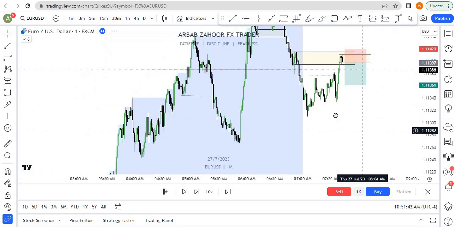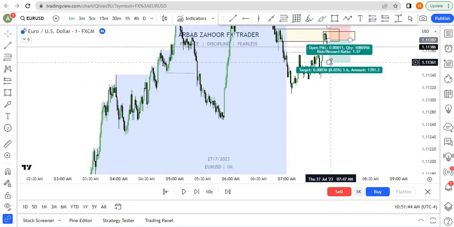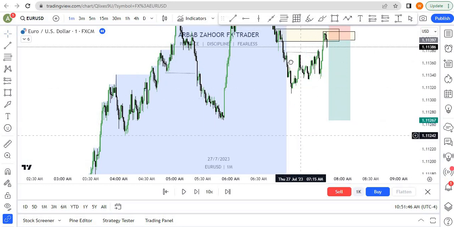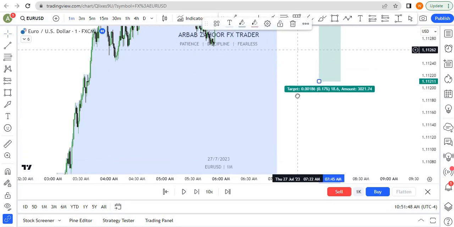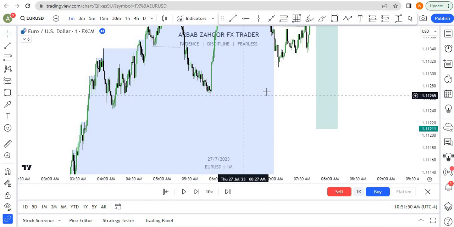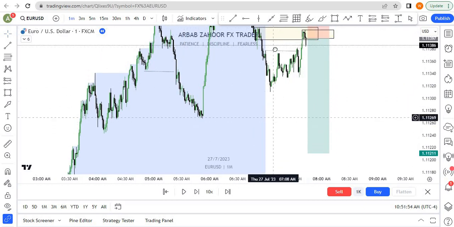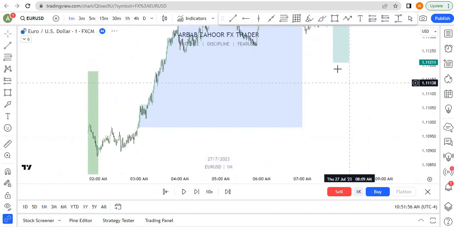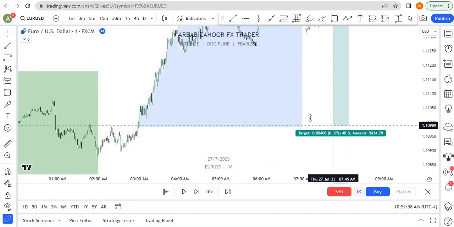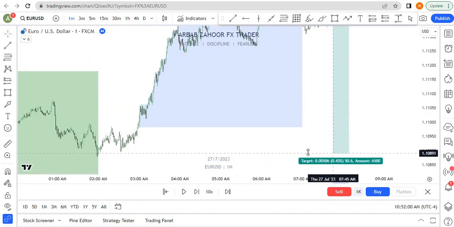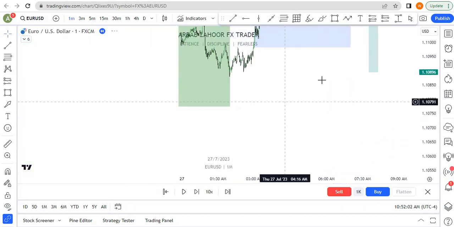The first target is here as per liquidity. The second is after price breaks out this low, not this one because this is internal. At this low you set a break even. The second target is this pullback or liquidity area.